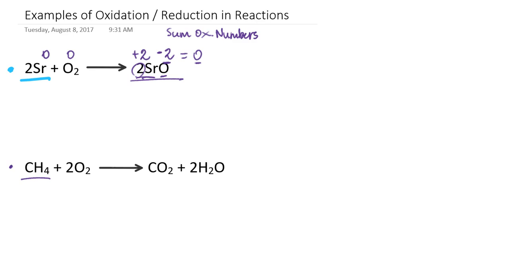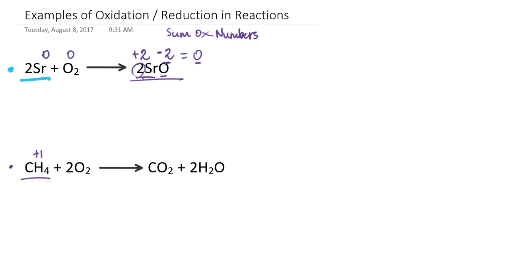Hydrogen is bonded to the nonmetal carbon, so that means that its oxidation number is +1. Now note that there are 4 hydrogens, but I don't report the oxidation number of hydrogen as +4. I would report it as +1 because each individual hydrogen atom has an oxidation number of +1.